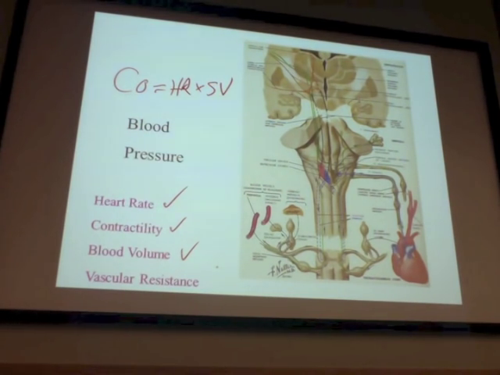But the point I'm trying to make here is that this is all tied into the hypothalamus too, because the hypothalamus is sending signals out on the vagus and the ninth cranial nerve down to the carotid body and the carotid sinus here. The carotid sinus is a sensor that's monitoring what your blood pressure is.